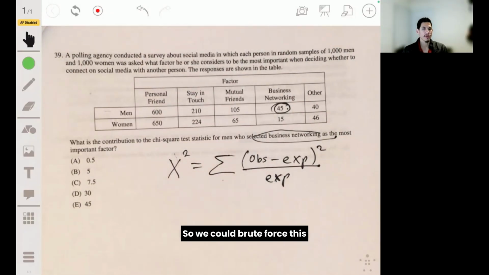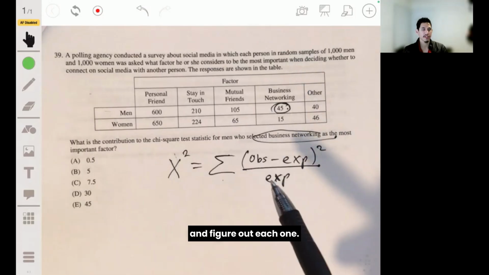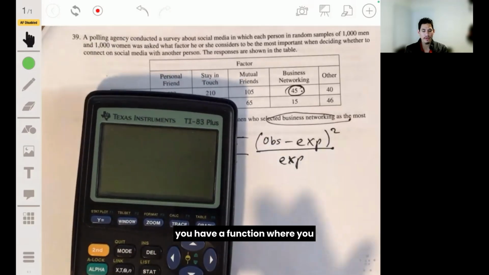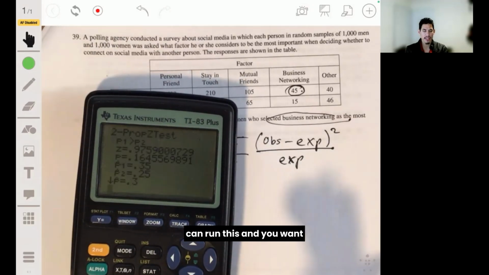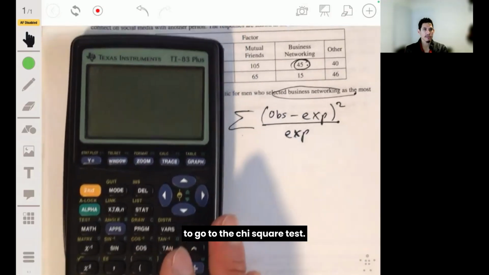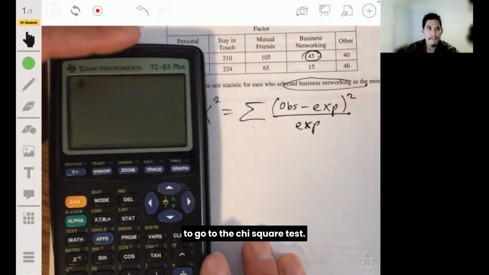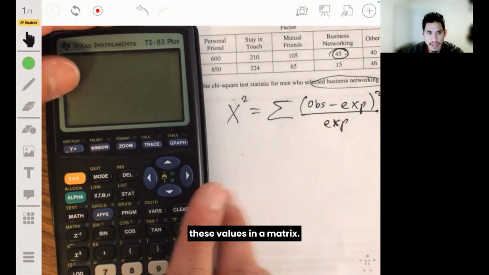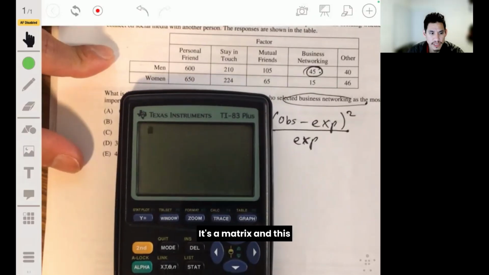So we could brute force this and figure out each one. But luckily, in your calculator, you have a function where you can run this. You want to go to the chi-square test, but first you're going to go to a matrix. You're going to enter these values in a matrix.